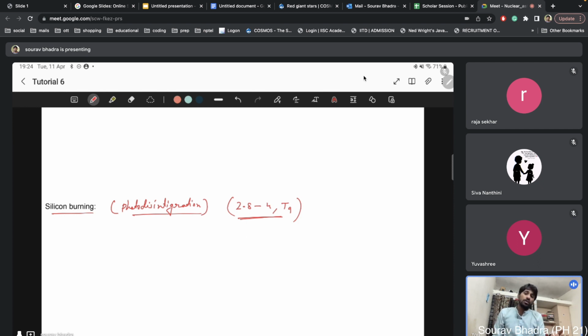Beyond iron we need to consider the neutron induced reaction, which I told you at the beginning of the class. So for A equals 56, that means iron, the neutron induced reaction dominates. I mean not dominance, that is the only reaction, neutron induced.